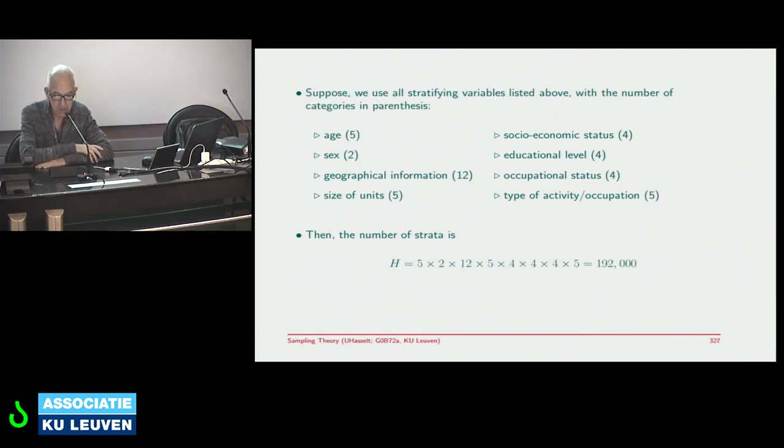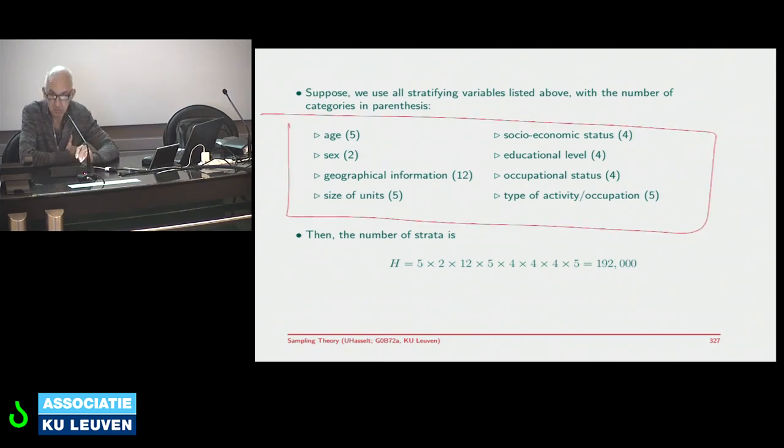But there is the fallacy, the myth, the curse, as it were, of multiplicativity. The more stratifying variables you use, the more strata you're going to have, evidently. But that's multiplicative. So let me give you a simple example. Suppose that we say, oh, Belgium is large, the Belgian Health Interview Survey is large, so we can afford to take these 8 stratifying variables.